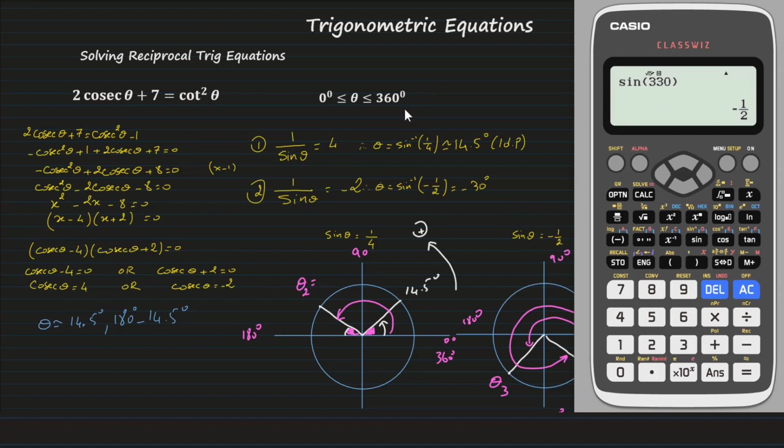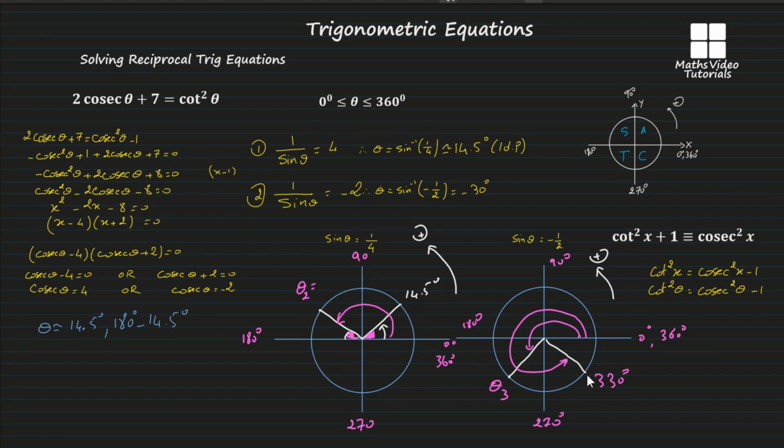So we need to rewrite it according to our interval, which is given in positive values of degrees. All right, so the first solution for this one here is 330 degrees. We know this is a 30 degree angle, and we know this one is also equal to 30 degrees.